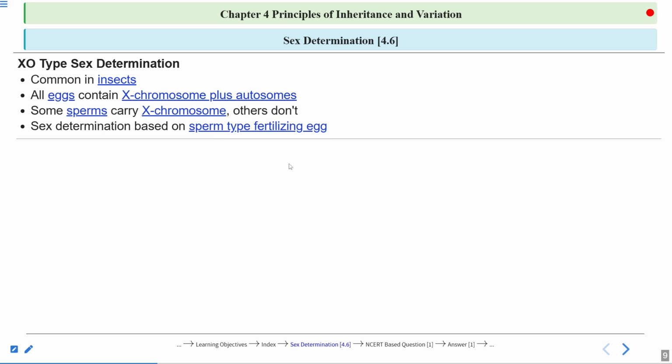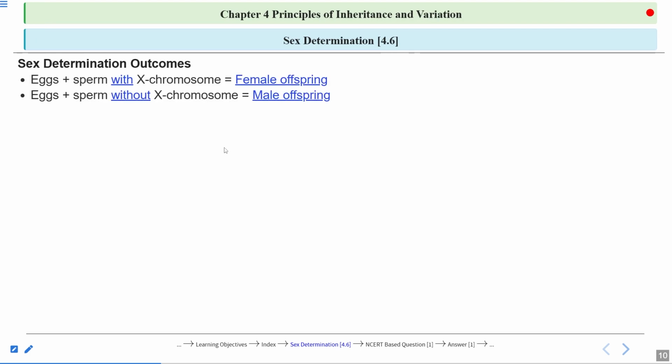So we'll understand this using a diagram, a flowchart. If the egg, the female gamete, is fertilized by a sperm consisting of an X chromosome, it will develop into a female offspring, because females have X and X, a pair of X chromosomes. Now if eggs are fertilized by sperms which don't contain an X chromosome, then it will develop into male offspring. So males are X0. They have only one X chromosome.